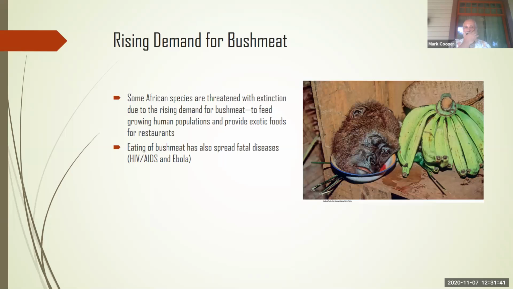All right. Unfortunately, rising demand for bushmeat. Certain areas where people can't find food, they're going into the forest and killing species. It's called bushmeat. And we know that eating bushmeat has probably spread fatal diseases.